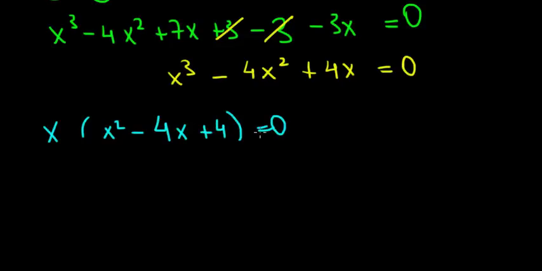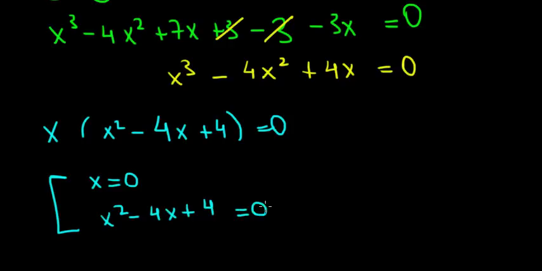When can this product be 0? Well, it's 0 when either x is 0 or this term is 0. X squared minus 4x plus 4 equals 0. How can we solve x squared minus 4x plus 4? Let's try to use our shortcut.